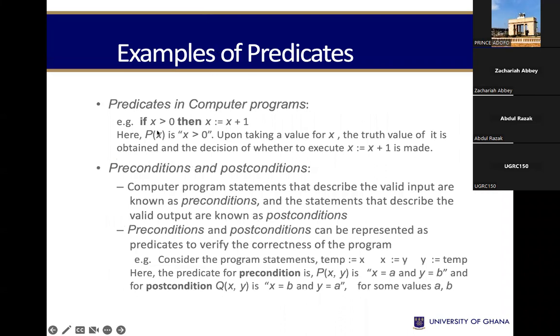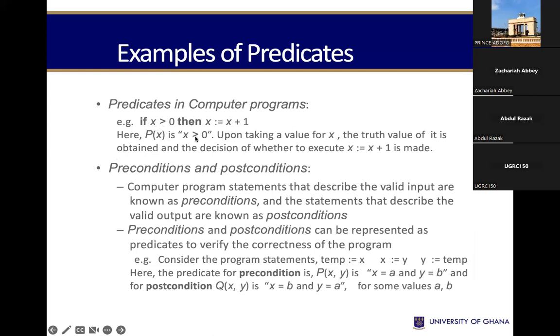Here we want to find out in this statement, if x is truly greater than 0, then x is defined as x plus 1. In other words, we have x plus 1 assigned to x, given that x is truly greater than 0. That's the meaning of the statement. Here, P of x is x is truly greater than 0.